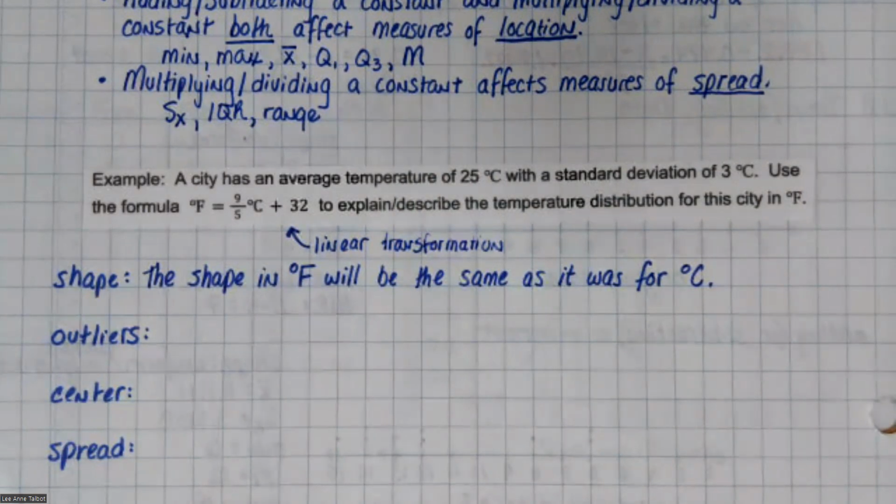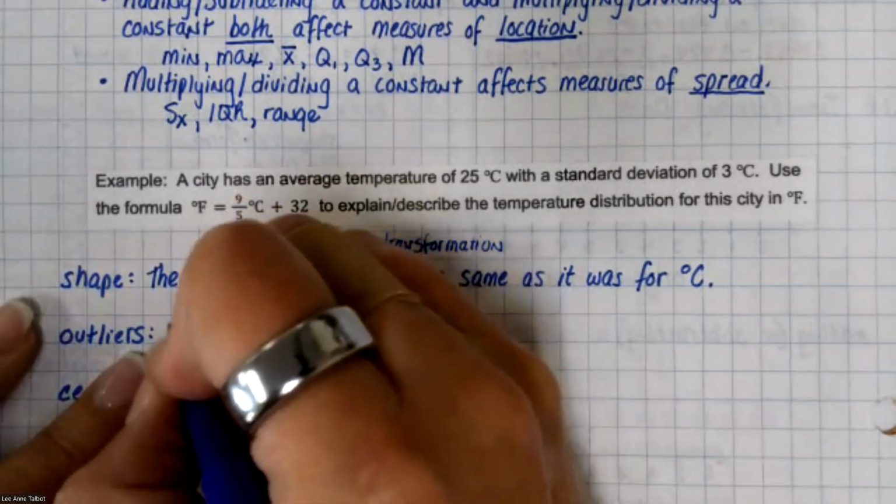Good? Okay, do we know if there's any outliers, like crazy hot days or crazy cold days in this city? No, but we do know that outliers in the original are going to still be outliers in the new distribution.